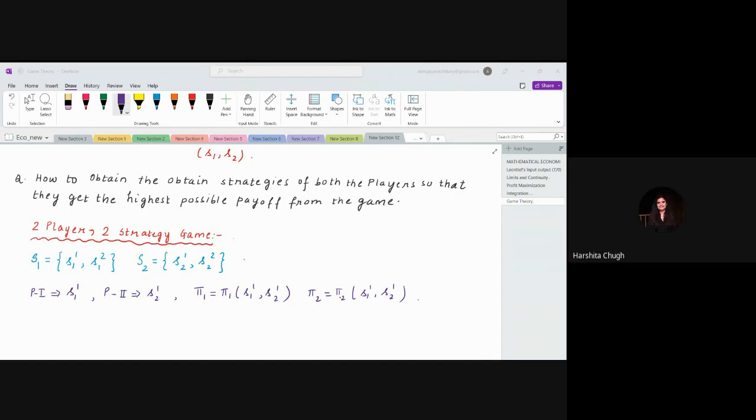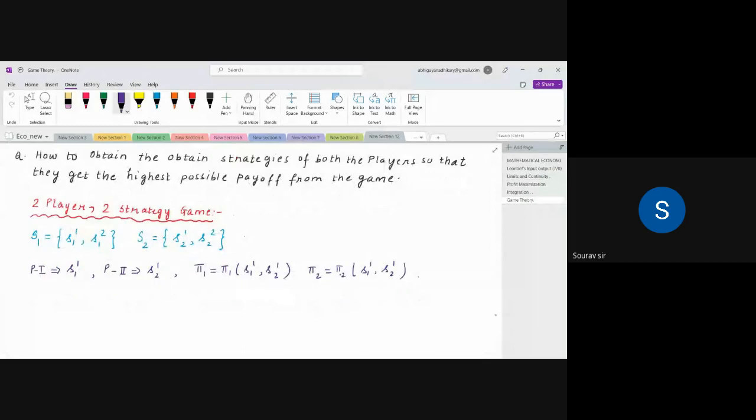So 4. How do you get to that, Harshita? Player 1 can play first or second strategy, and same goes for player 2. Yeah, so 2 into 2, the permutation thing that you are doing. Correct. So there can be 4 scenarios. Let us write it for once since we are beginning.